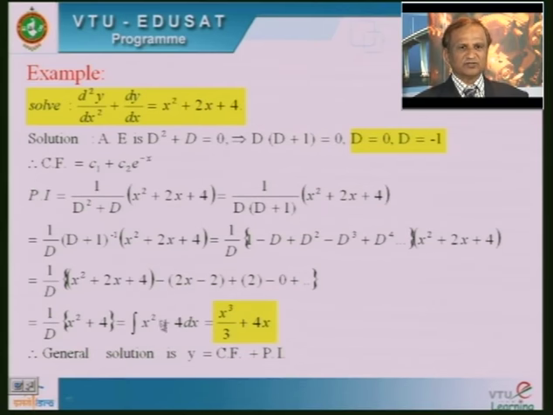Friends, you know the integration formula: integration of x raised to n is x raised to n plus 1 divided by n plus 1. Here it is x square, that is fine. I hope we can obtain x to the power 3 divided by 3, and integration of the constant term. Here 4 is constant, I hope you will get 4x. So, this is the particular integral of the given equation.